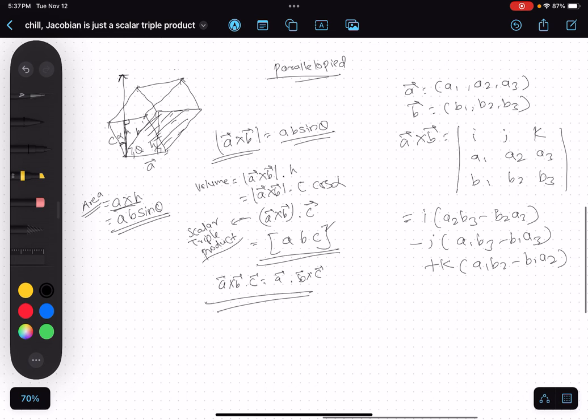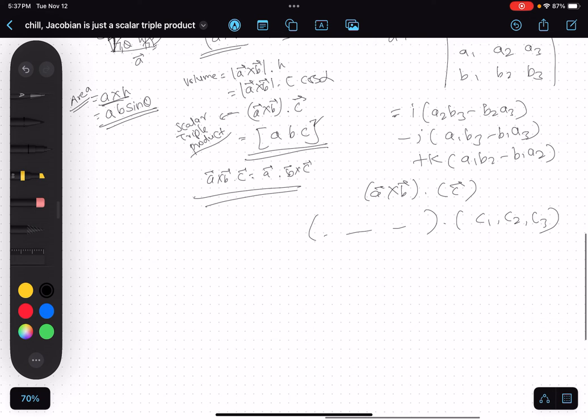So this is our a cross b vector. Now if we try to dot this with the c vector, you are just dotting this with c1, c2, c3. The c1, c2, c3 will take the place of i, j, k.